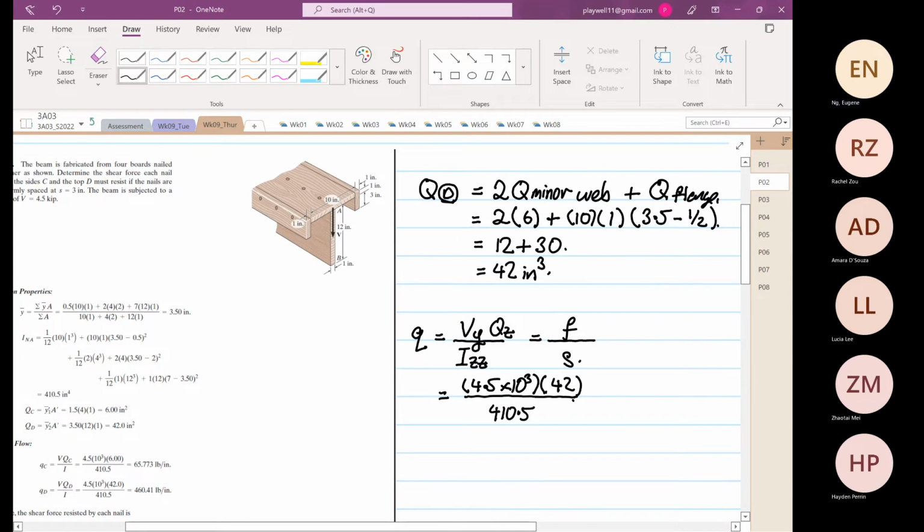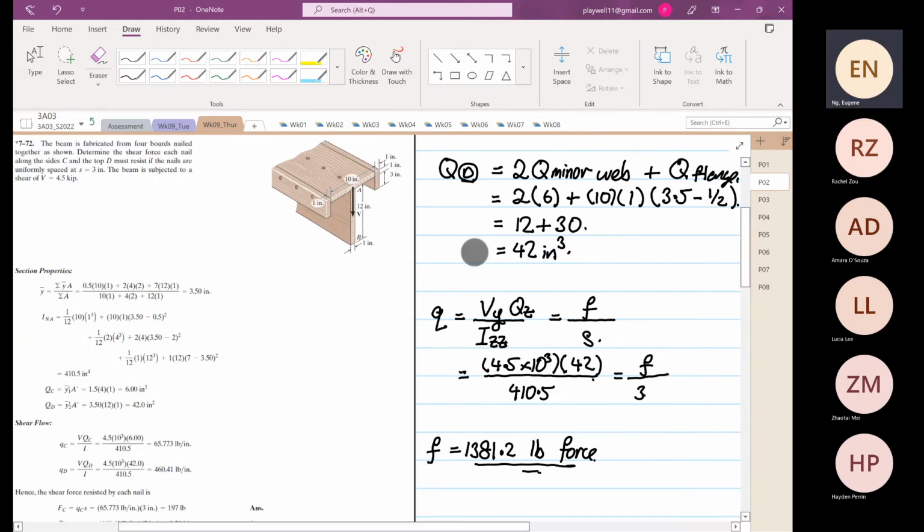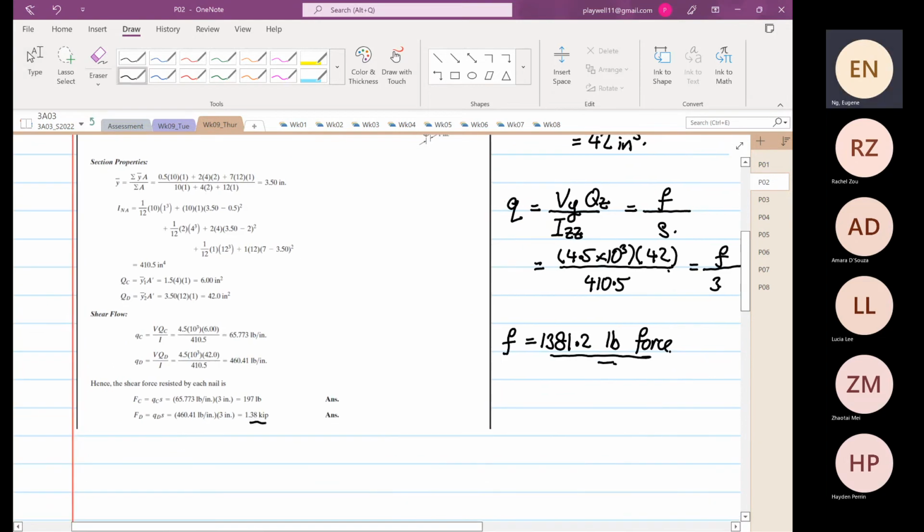And this is F divided by S, which is equal to 3. So our F over here is equal to 4.5 times 10 to the power 3 times 42 times 3 divided by 410.5, which is equal to 1381.2 pound force. Okay, let me do it again. 4.5 times 10 to the power 3 times 42 times 3 divided by 410.5. 1381.2. Yep. Okay.